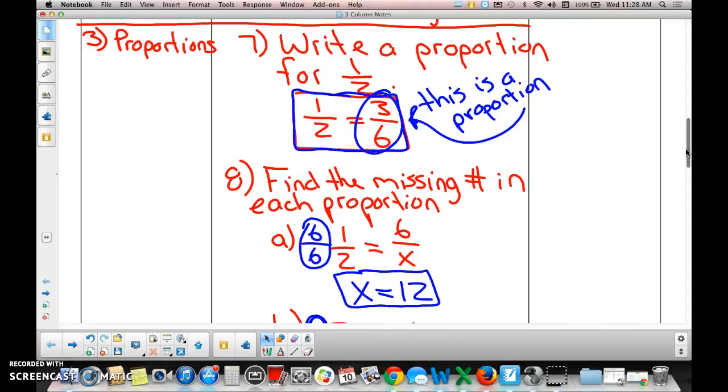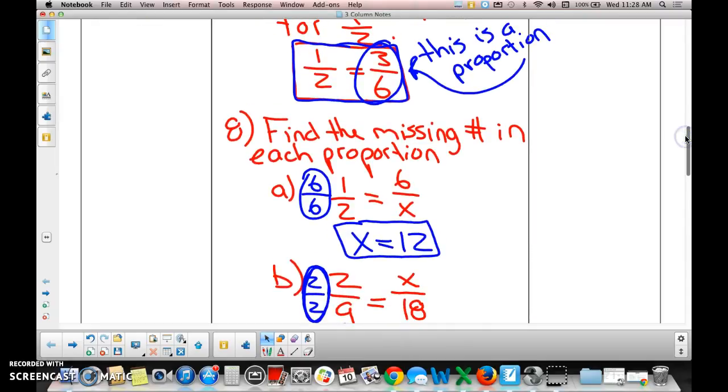Now, look at letter A. This is how we started off. We started off with 1/2 is equal to 6 over x. And we had to figure out what x was, right? And you guys all told me that Mrs. Steg's bubble over here is what we should use. And you told me that, well, Mr. Pottinger, to get from 1 to 6, we would need to multiply by 6.